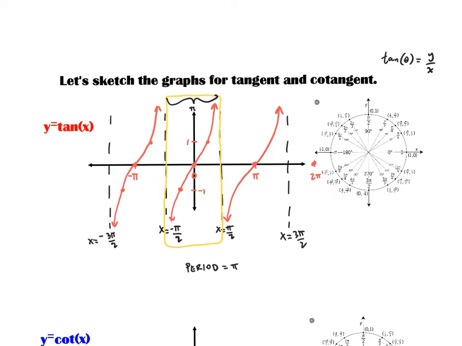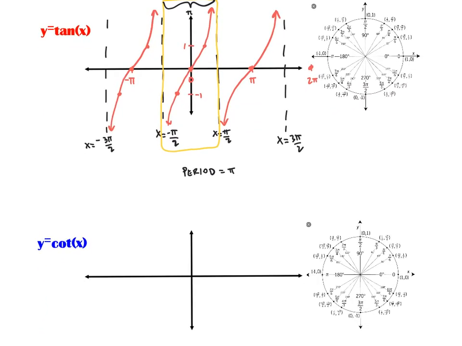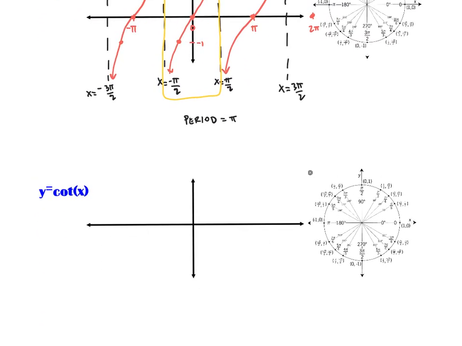Now, cotangent and tangent are closely related, right? Wherever tangent equaled 0, cotangent will be undefined. And wherever tangent was undefined, cotangent will be 0. So you can imagine that now instead of y over x, it's x over y. So at negative pi over 2, we're going to have a 0. But at x equals 0, we've got a vertical asymptote.